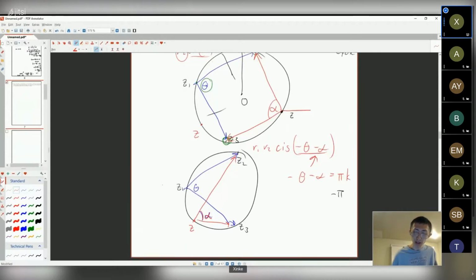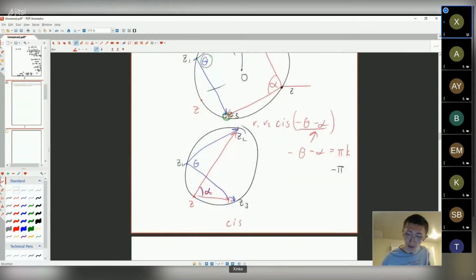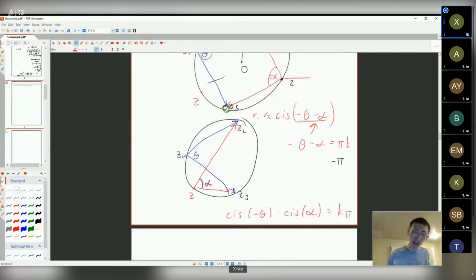So then this is saying cis of negative theta times cis of positive alpha is a multiple of pi radians. This time, because z and z1 are on the same side of the circle from z2 and z3, this will be 0 times pi.